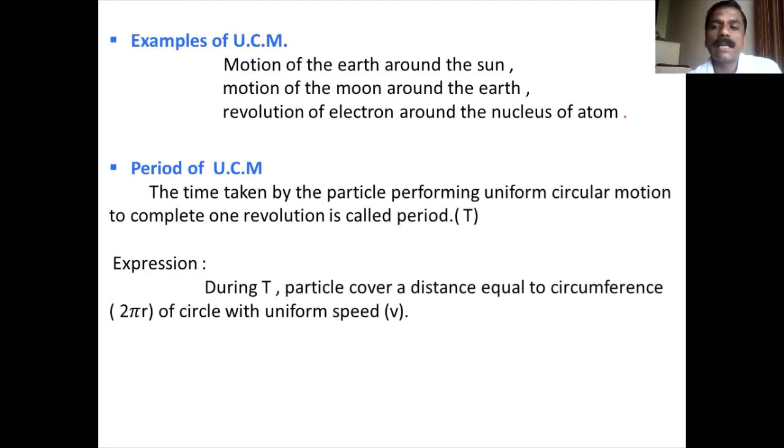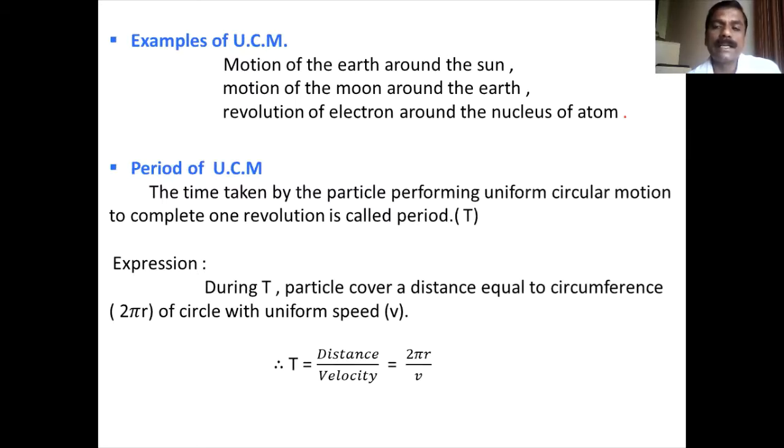Now, during the time interval capital T, the distance covered by the particle is equal to the circumference of the circle, and it is 2 pi r, with a velocity v. By using this information, we can write time is equal to distance divided by velocity. We know the formula for time: distance divided by velocity.